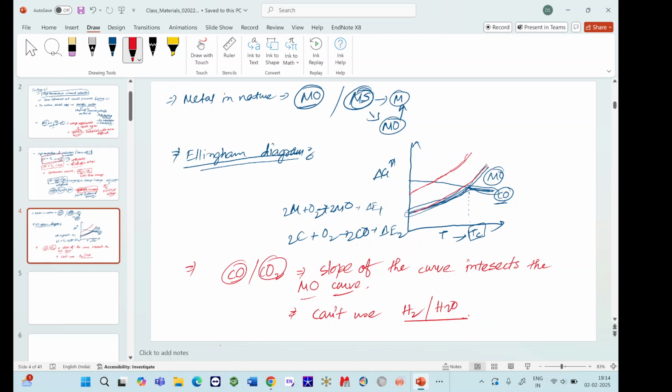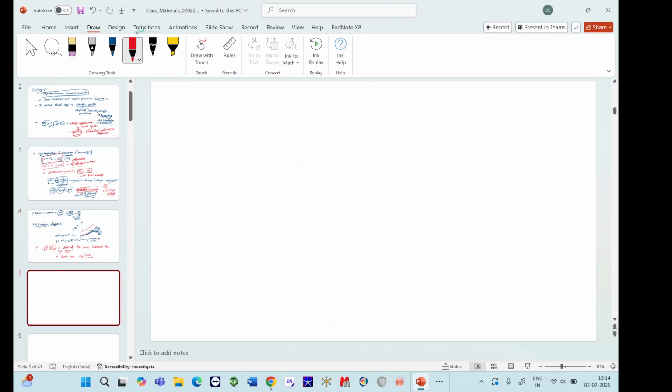and apart from that, zone refinement. So zone refinement is used to ultra purify metals.